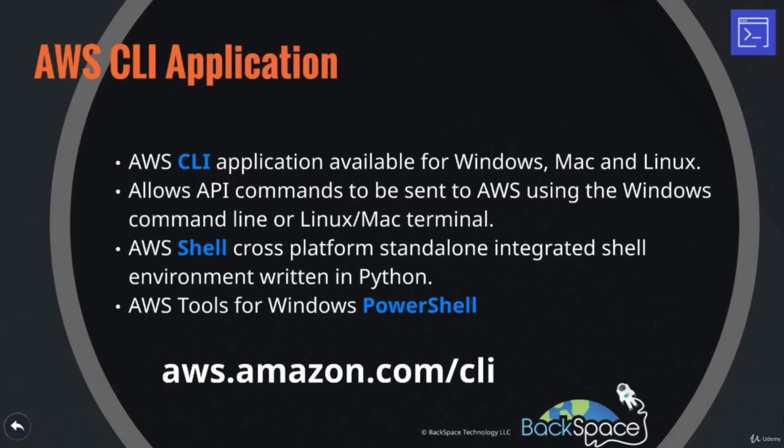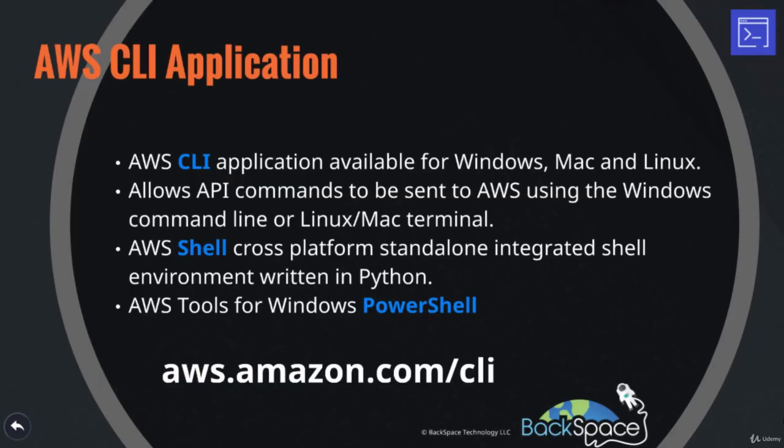And it allows those API commands to be sent to AWS using the Windows command line or a Linux or Mac terminal application. There is also the AWS Shell application, which is a cross-platform standalone integrated shell environment that is written in Python that can provide even more features and more automation features to the CLI application.